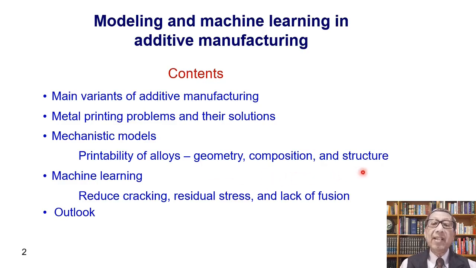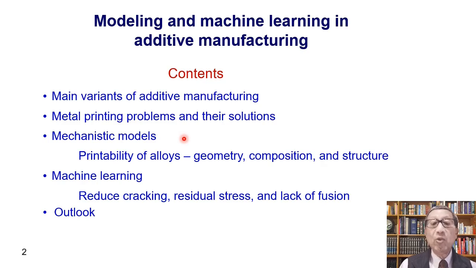Taken together, this can be viewed as the ability of a process and an alloy combination to print sound parts, and we call this printability. The issues of printability of alloys are addressed using physics-based models that we call mechanistic models.